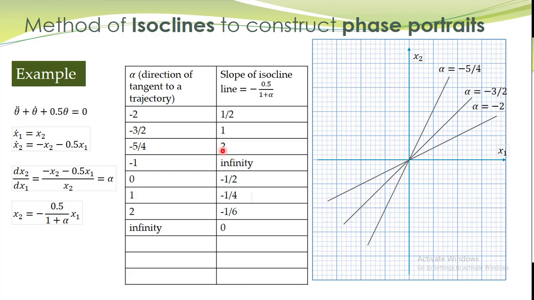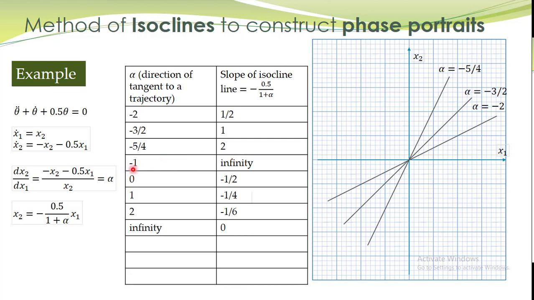Again, I can draw this line. This line has a slope equal to 2. Vertical box is 2 and horizontal box 1. And on this isocline, all the trajectories which will be passing through it will have a slope equal to minus 5 by 4.